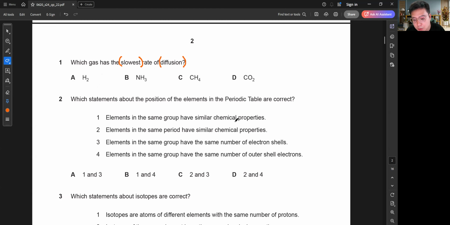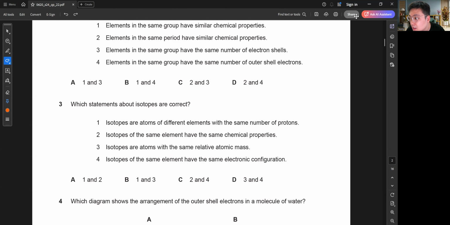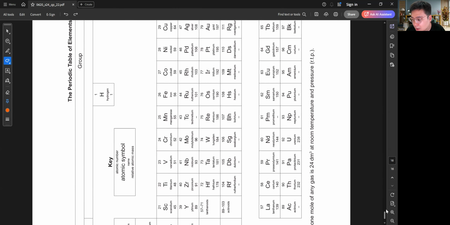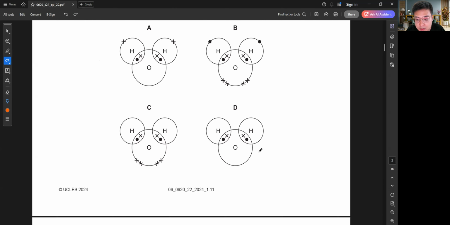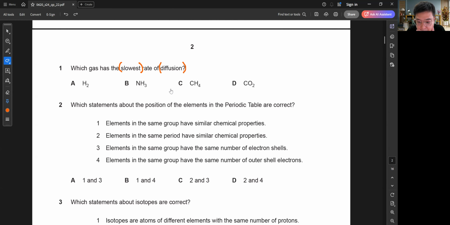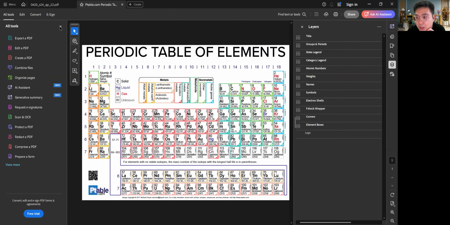I believe we also have it at the very end. They also include the periodic table. Yeah, it's also here, but I'll just open another one so that it's easy to refer. Okay, so this one here.